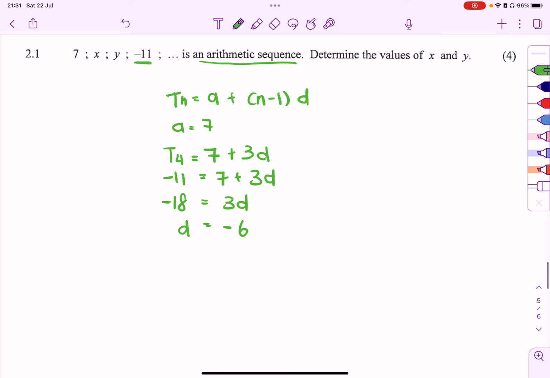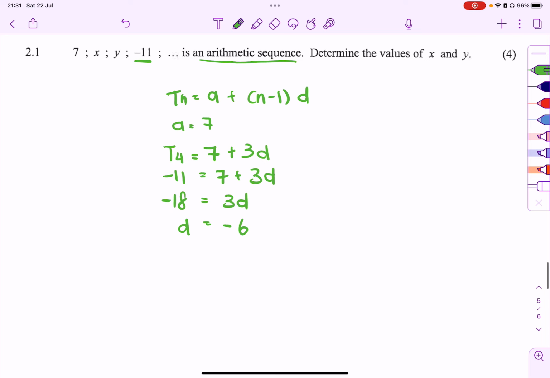Now we're able to substitute it back into the second and the third term. So T2 is equal to a plus (2 minus 1), which is 1, so therefore it's just d. x is equal to 7 minus 6. x is equal to 1.